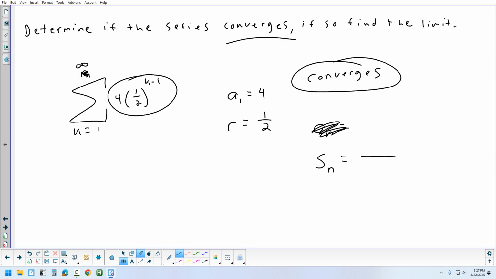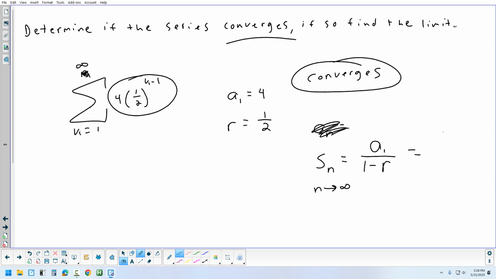No, that's for finite. So Natalie, what goes in the top there? A1. So 4. And what goes in the bottom? 1 minus r. So this is the formula you use when n approaches infinity.